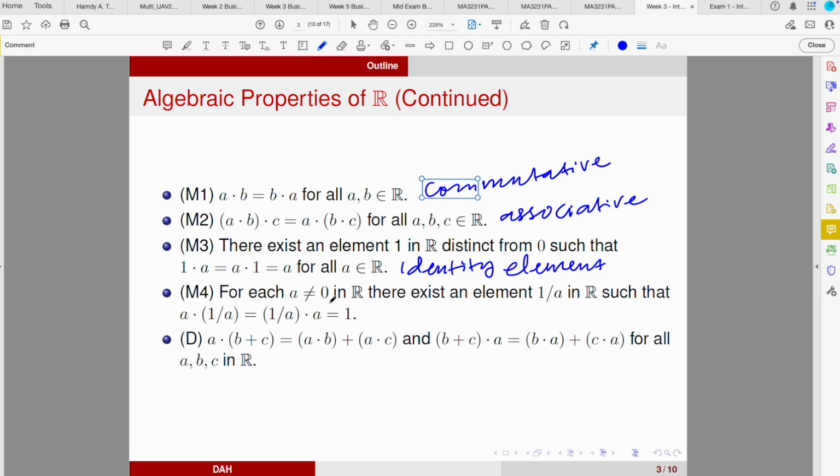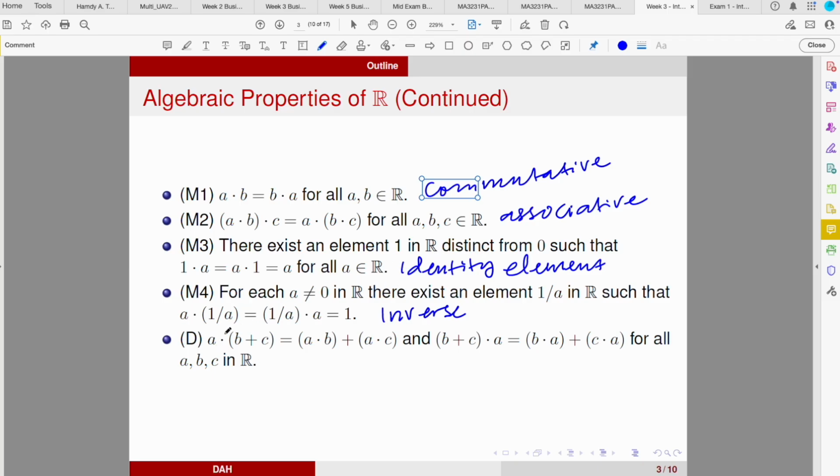Number 4 is the inverse, for all real numbers except 0. 0 doesn't have an inverse. For all real numbers except 0, there exists the element 1 over a, the inverse element, such that a times 1 over a equals 1 over a times a equals 1.